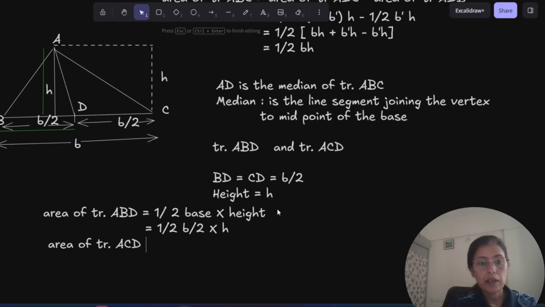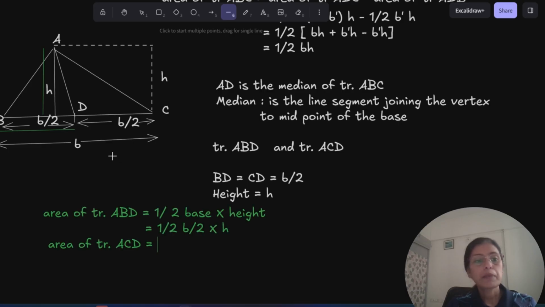And what will be the area of triangle ACD? This is again going to be half base into height. Now what is the base here? The length of base is b by 2. What is the height here? This is an obtuse angle triangle, right? ADC, we can see it is an obtuse angle triangle. So either you draw a height from A, or you draw a line parallel.